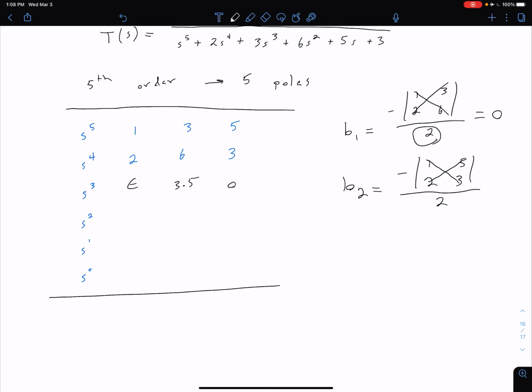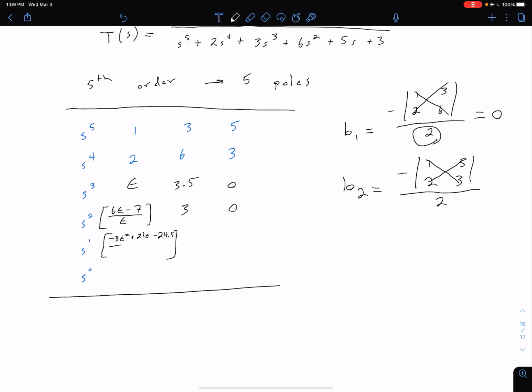So what we can see if we do the same process to find all of the other rows of our Routh table, and I'll let you confirm this by working by yourself, we'll get for this entry here 6 epsilon minus 7 divided by epsilon. And so that's where we would have been dividing by 0, but now it's epsilon. Here we have 3, and this ends up being 0. For this term here, we're going to have negative 3 epsilon squared plus 21 epsilon minus 24.5.